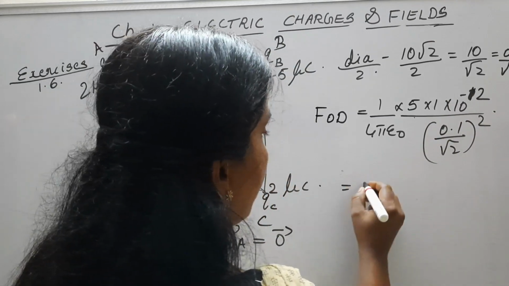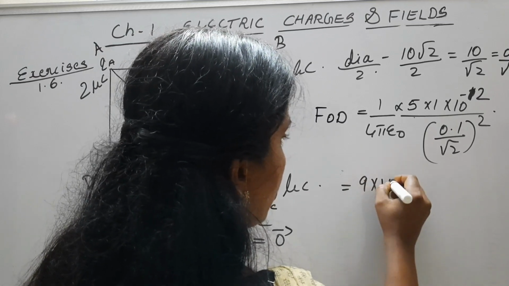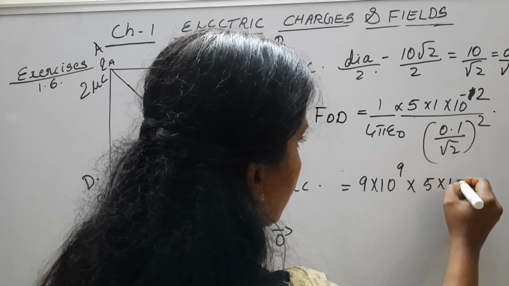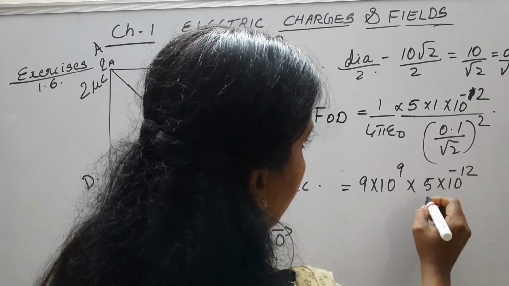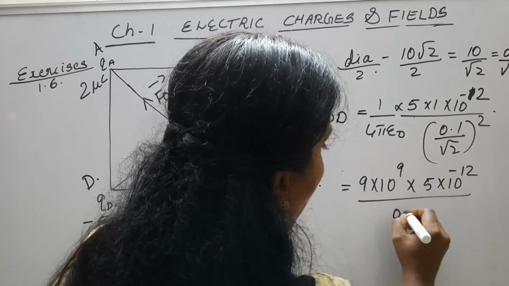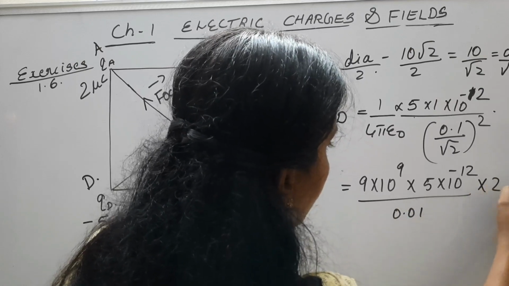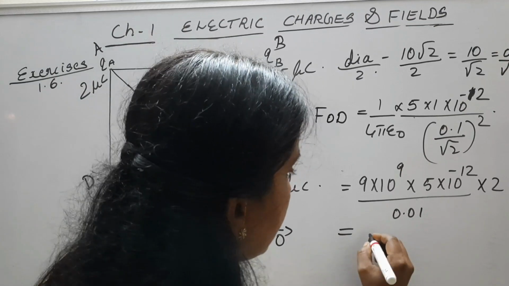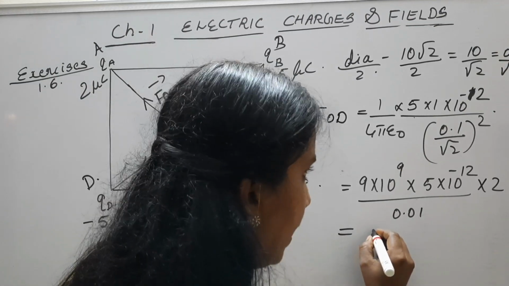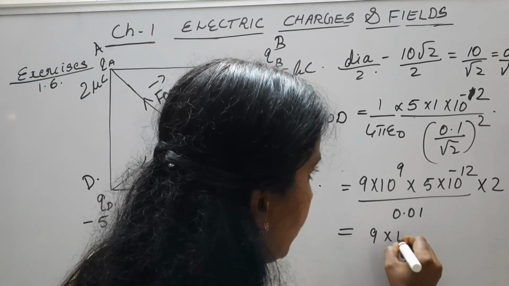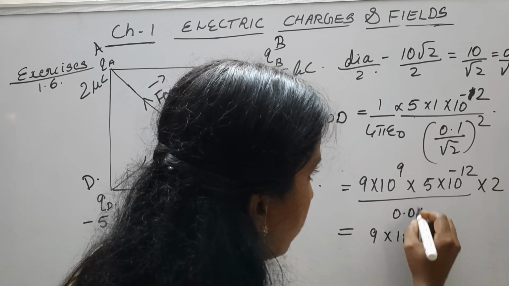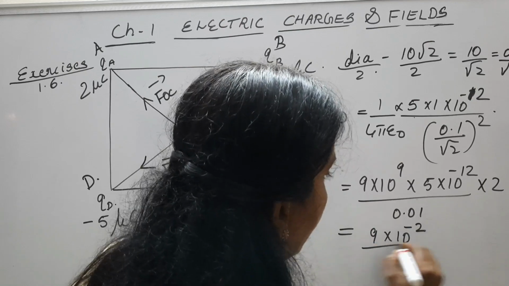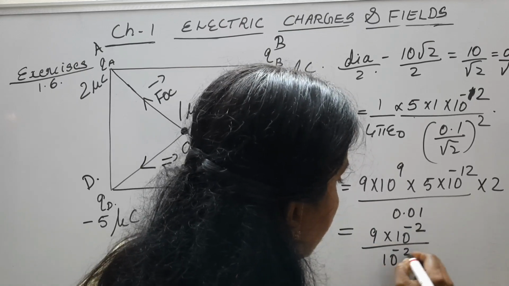So what we have is 9 into 10 raised to 9 into 5 into 10 raised to minus 12 divided by 0.01 into 2. So 9 into 10, 90. 9 itself we will take. 9 into 10 raised to minus 2 divided by 10 raised to minus 2.